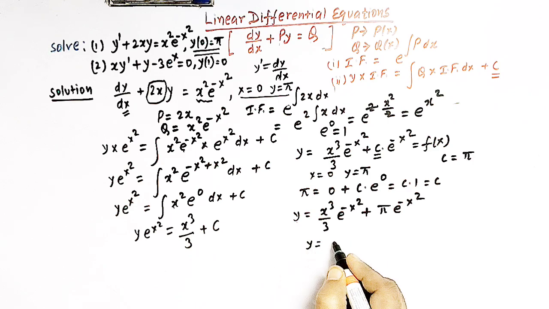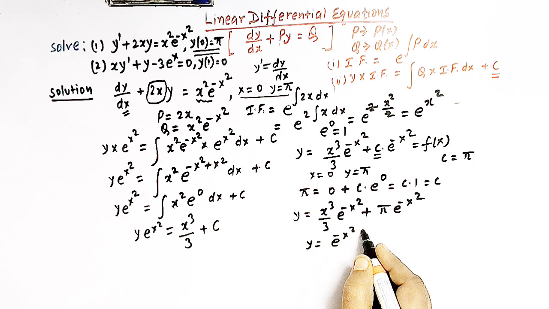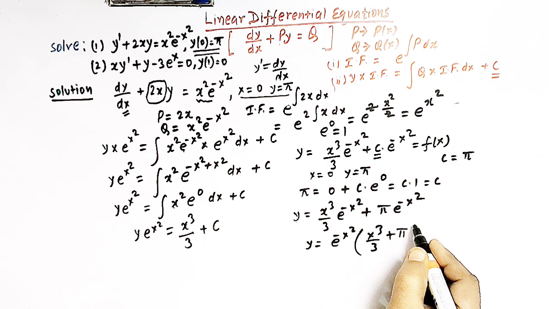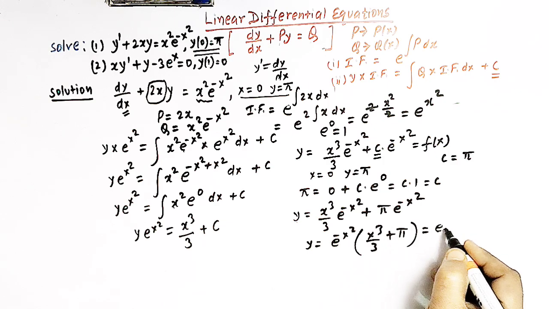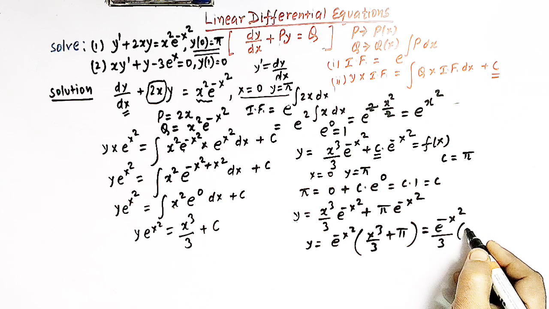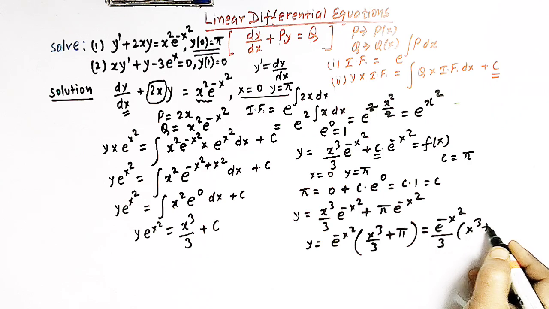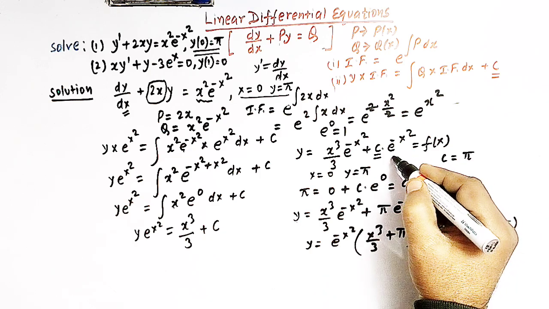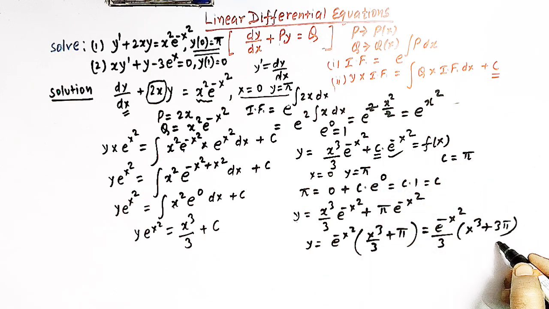If we take e raised to minus x square common, we have x cube over 3 plus pi, right? And we can also write it like this: e raised to minus x square over 3, and we have x cube plus 3 times pi, right? So this is the general solution, and this is the particular solution.